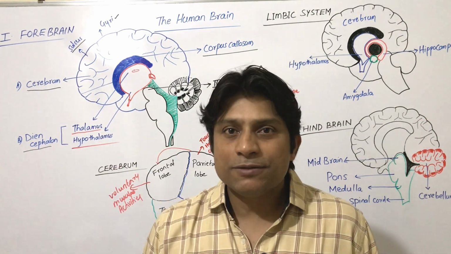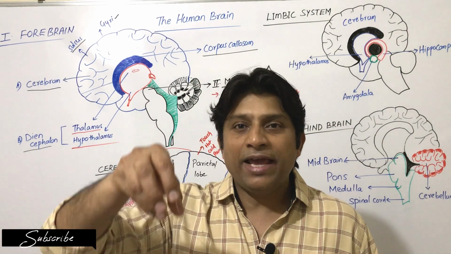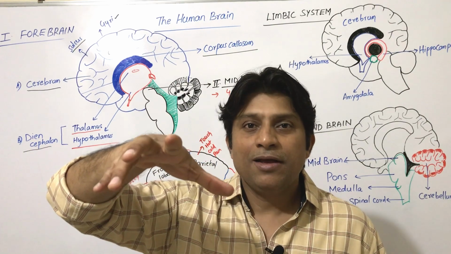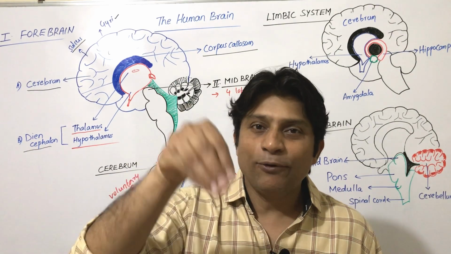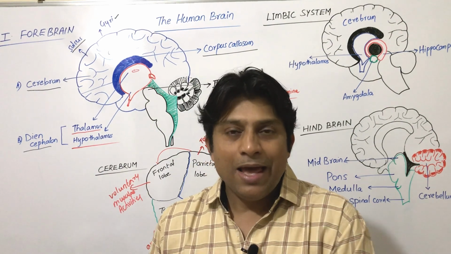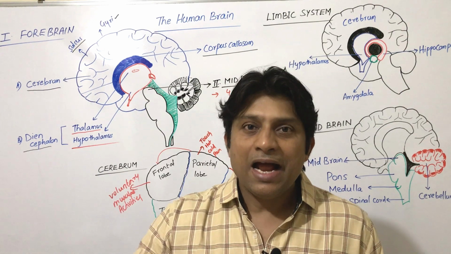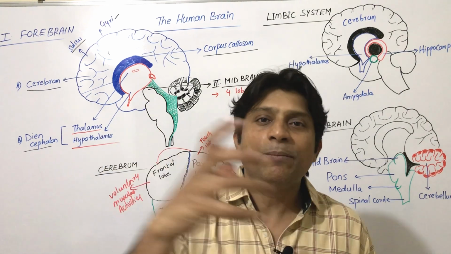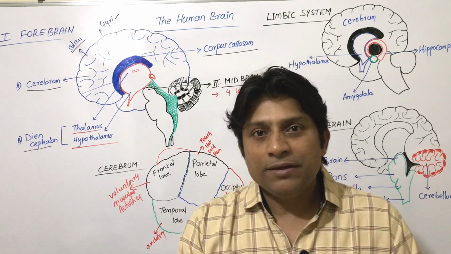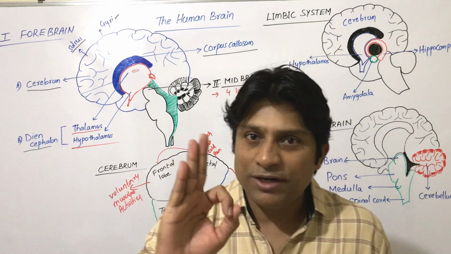Just below it is the arachnoid, which is arranged like a web, a web-like structure. It is fluid filled. Innermost is the pia mater, which is very thin and delicate, and it is connected with the brain tissues.